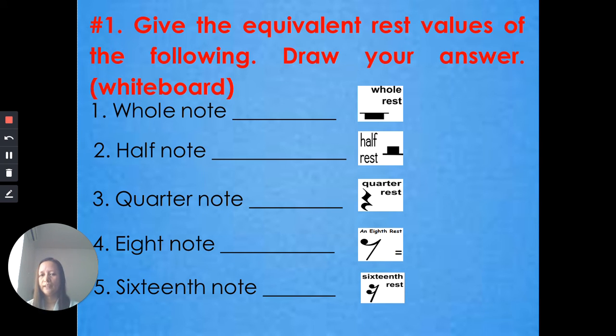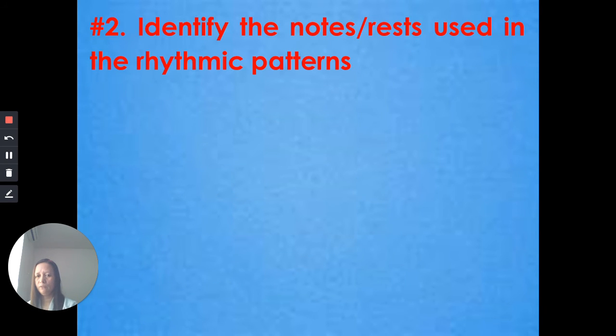Okay. Now you know the equivalent rest values of the following notes. Let us go now to task number 2. Identify the notes or rests used in the rhythmic patterns.